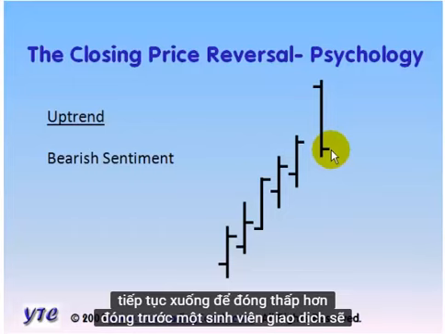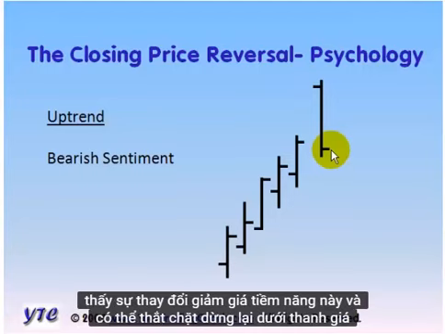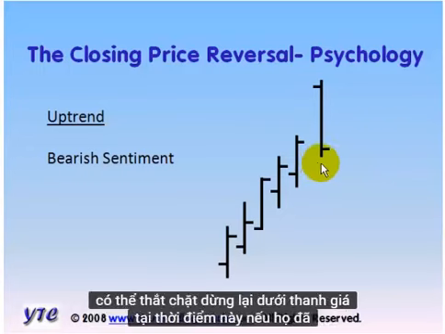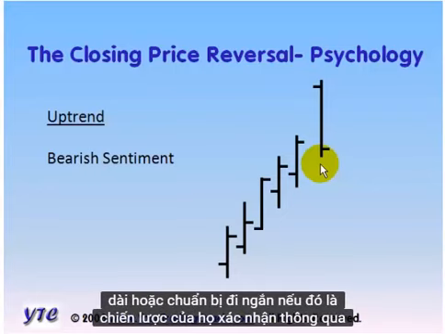Astute traders will see this potential bearish change and may tighten stops up below the price bar at this point here if they're already long, or prepare to go short if that's their strategy.